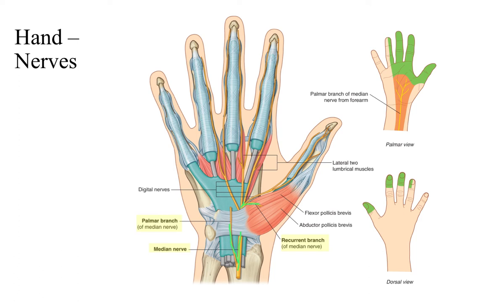The recurrent branch, which is recurrent going backwards towards the thenar area, and then continue on as digital nerves to digit 1, 2, 3, and half of digit 4. So if the ulnar nerve supplies digit 5 and half of digit 4, the median nerve supplies the rest of the fingers on the palmar side, but only the tips on the dorsal side.